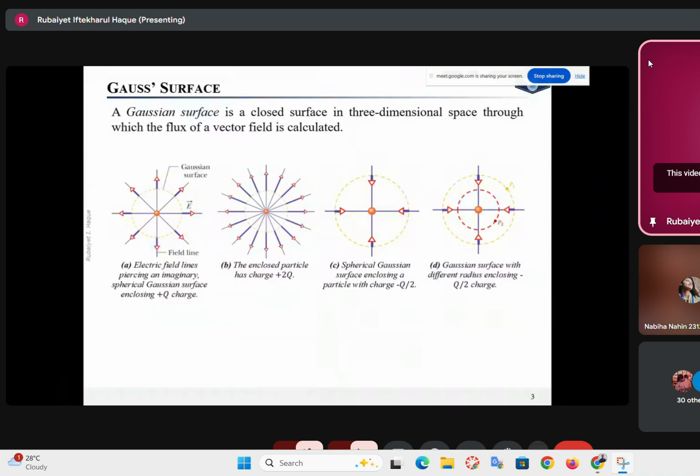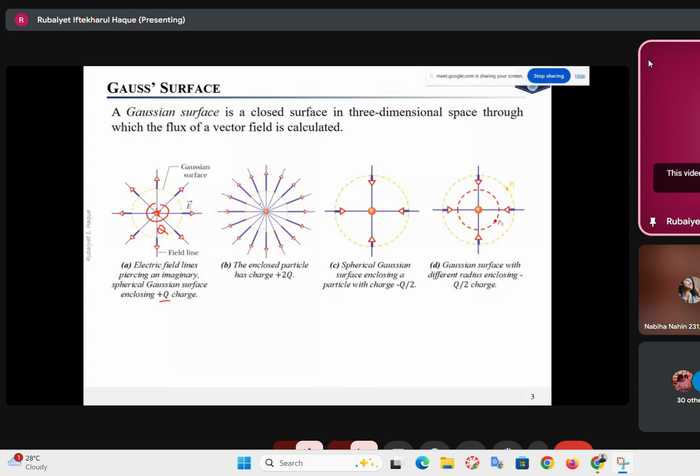Now come back to this one here. For the first problem, for the first Gauss surface, you can see there is some charge. What kind of charge? Positive Q charge. Like the previous concept, when you have a larger amount of charge, you represent it with a larger number of electric field lines. Same thing is happening here. You have a positive Q charge, and as a result you represent it with 8 lines.